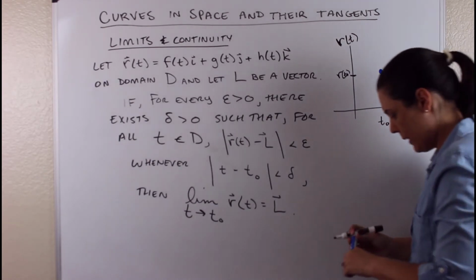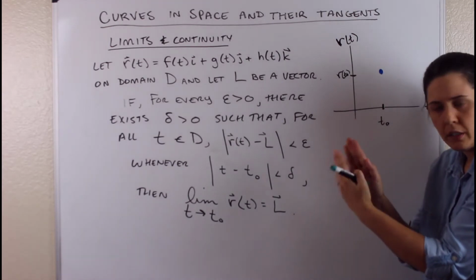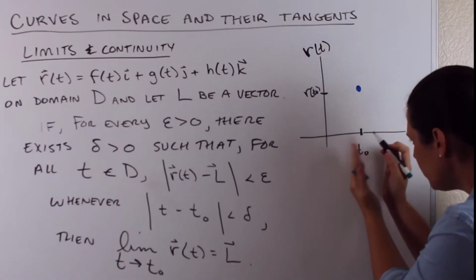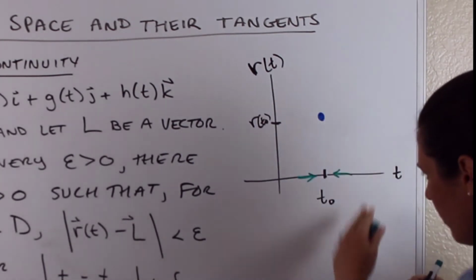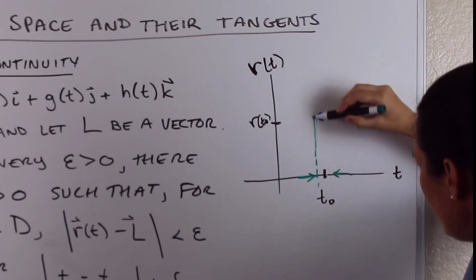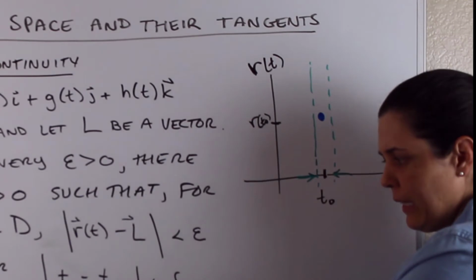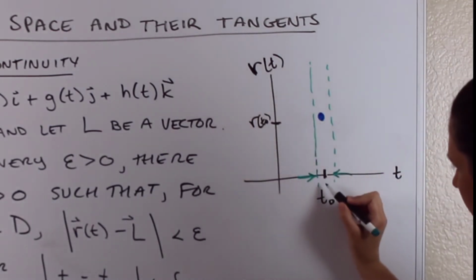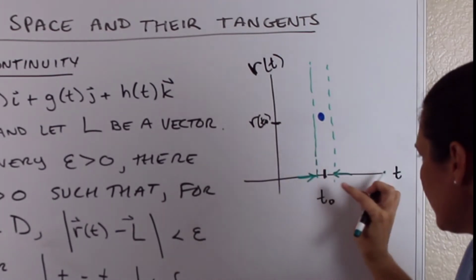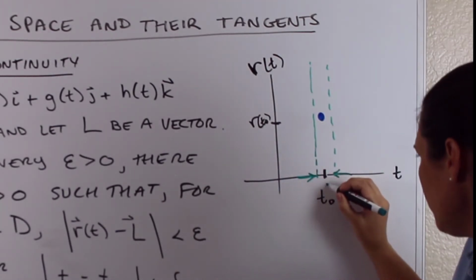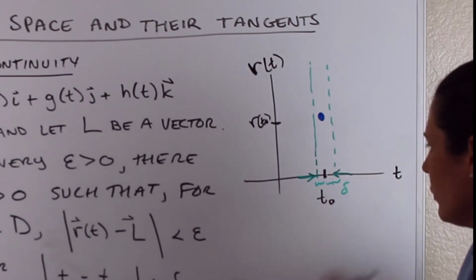And all this definition is basically saying is if you sort of narrow down your viewpoint, if you look really close to t naught, if you only work your way close here and numbers around that, so you create this small window that you're looking at, that window we're saying is less than some number delta. So right here to the left and to the right of this number, we're just saying that that's some number delta. So this little piece right there and this little piece right here are both the length delta, whatever that is.